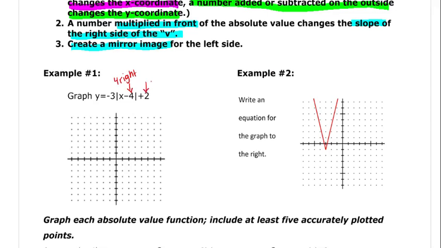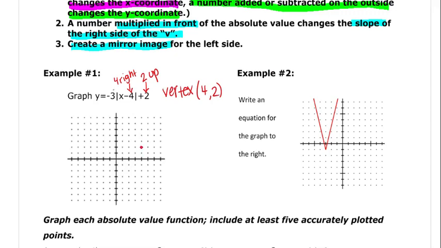And that plus 2, remember on the outside it's normal, does what we think it's going to do. That's going to go 2 up. So the new vertex, and you might want to write this down sometimes when you do these questions until you get the hang of this, our new vertex is going to be (4, 2). And that's the first point we're going to plot. So on our graph, we go to (4, 2), and we put it up.